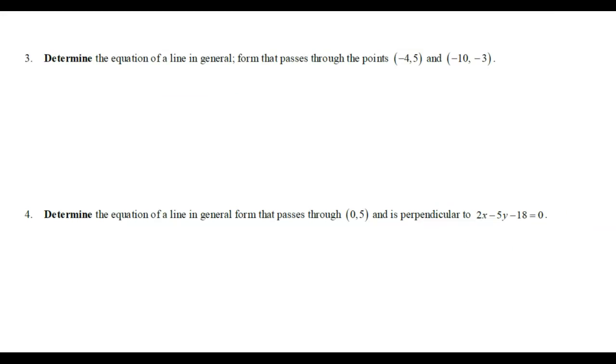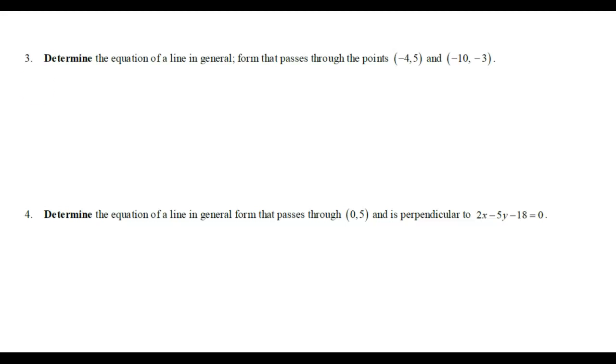Okay, so it says determine. So again, show your work. The equation of a line in general form; that passes through the points negative 4, 5, and negative 10, negative 3. Okay, so you have 2 points. That's awesome. What else do you need? Slope. So calculate the slope.